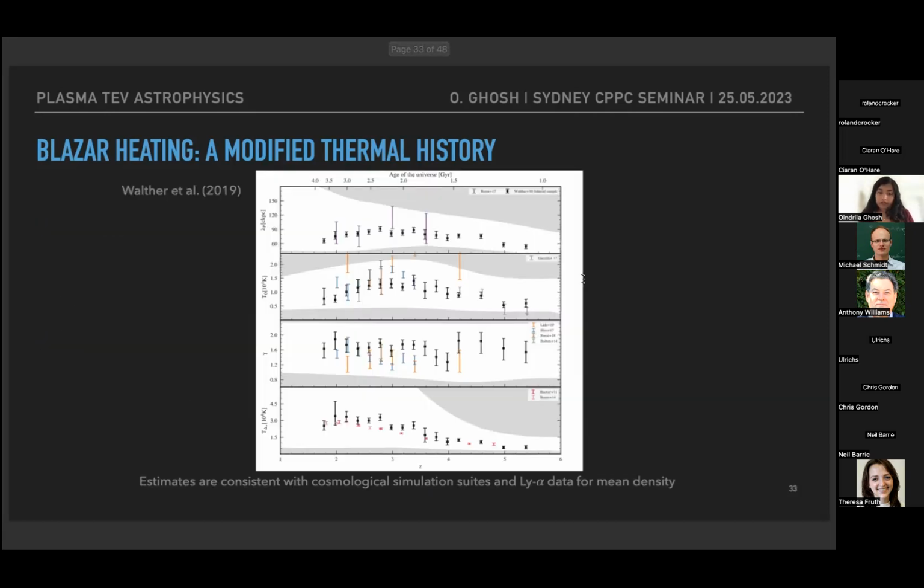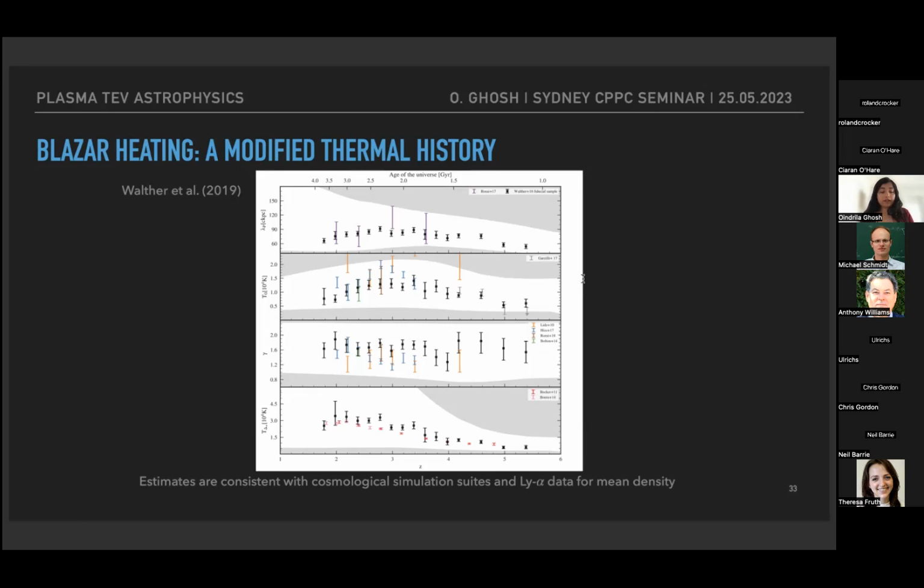So after this, I move to the final part of this talk, which is essentially the implication of this intergalactic medium heating for small scale structure.